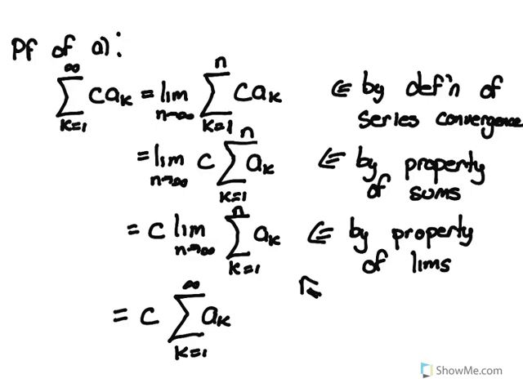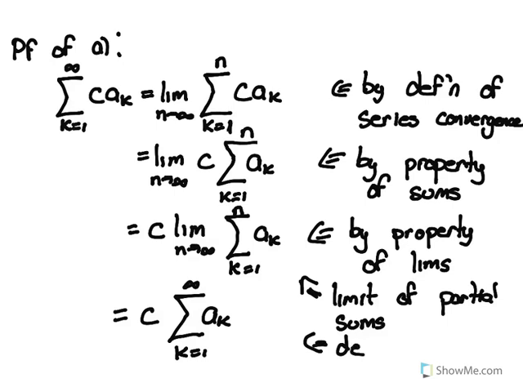So this here is the limit of partial sums, and this is the definition of series convergence. And note the series we assumed, the series a_k, does converge to a finite value. And the proof for part B is very similar to this.